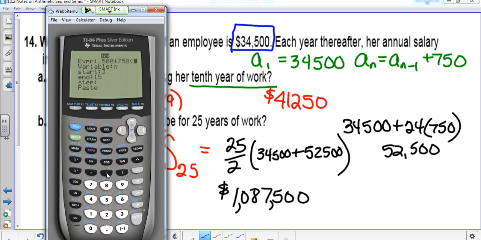And I didn't simplify, so the explicit would just be plus n minus 1. Plus 750 times n minus 1. Where variable is n. What do we want to find? Terms 1 through 25.